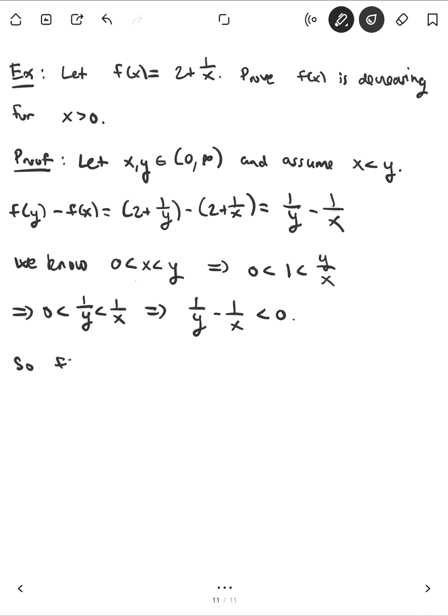So f of y minus f of x, which we showed from above is equal to 1 over y minus 1 over x, is less than 0. So f is decreasing on 0 to infinity.